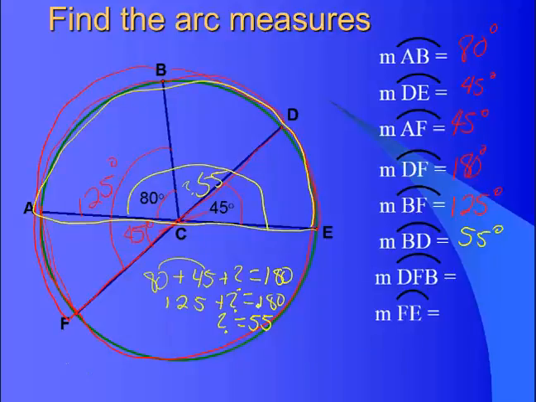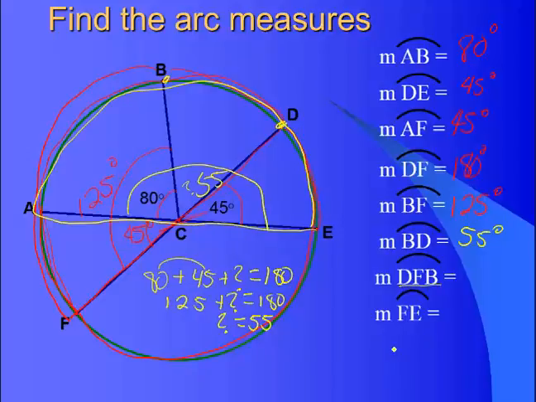Now, notice that all of these arcs have two letters in their name. Those letters are the endpoints. Okay, so BD goes from B to D. DE here went from D to E. Now we have one that has three letters in it.